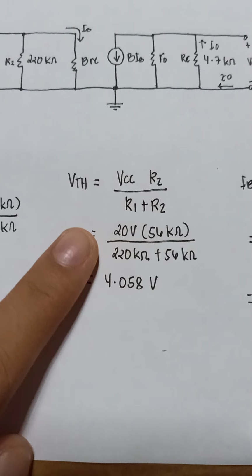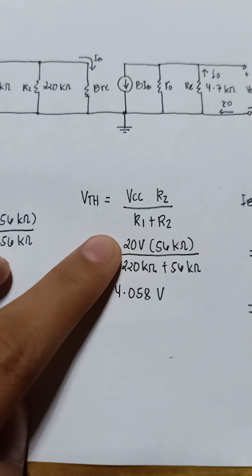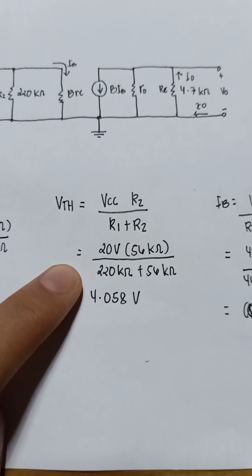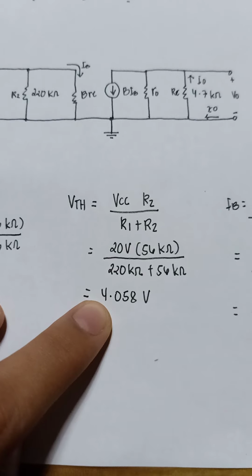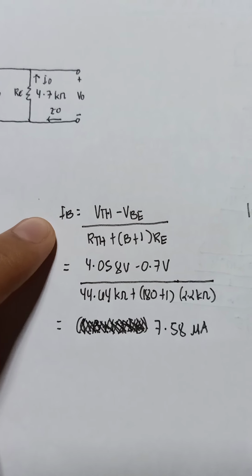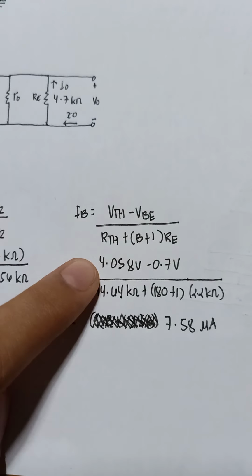For VTH, we have VCC times R2 over R1 plus R2: 20 volts times 56 k ohm over 220 k ohm plus 56 k ohm. So the value for VTH is 4.058 volts. For IB, we have VTH minus VBE over RTH plus beta plus 1 times RE.